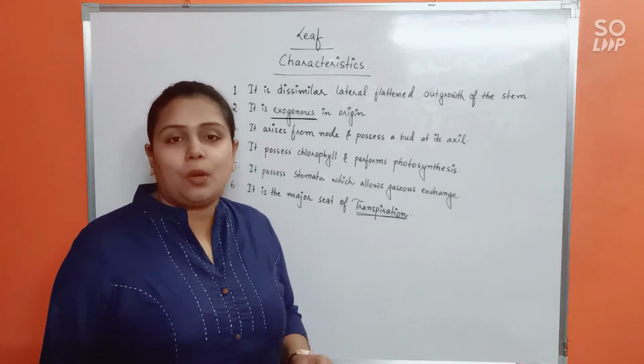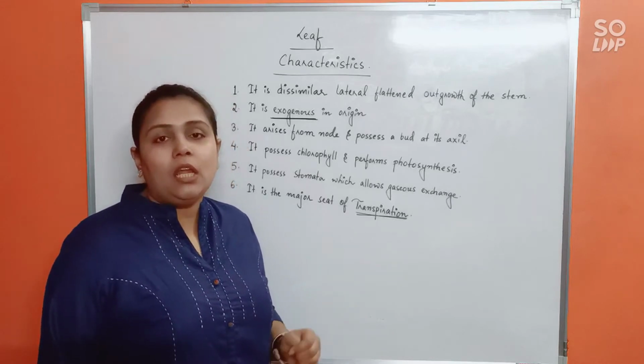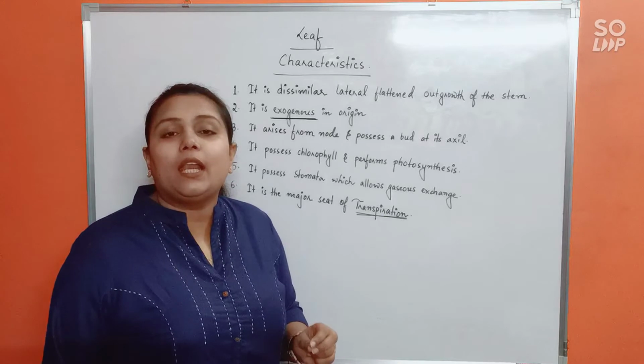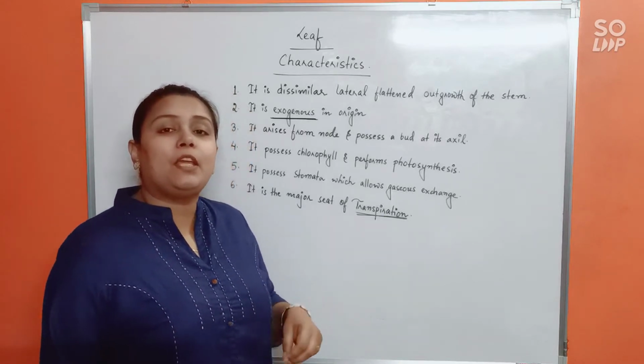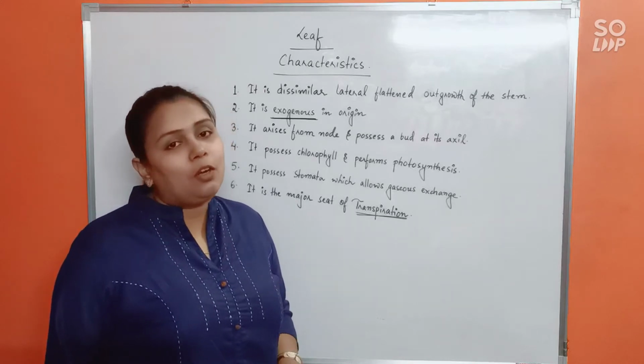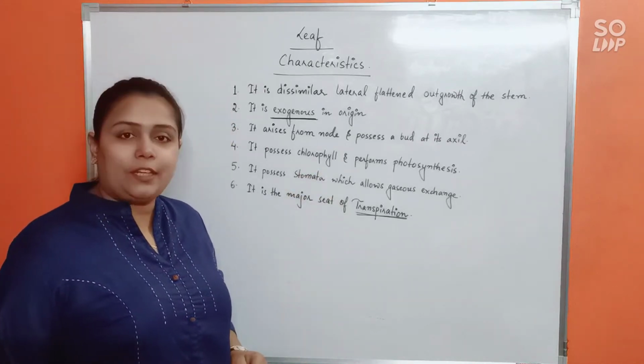So to reduce transpiration, such plants do not possess leaves at all. Rather, they specialize their stems to perform photosynthesis. Alright, so these are a few important characteristics of the leaf.